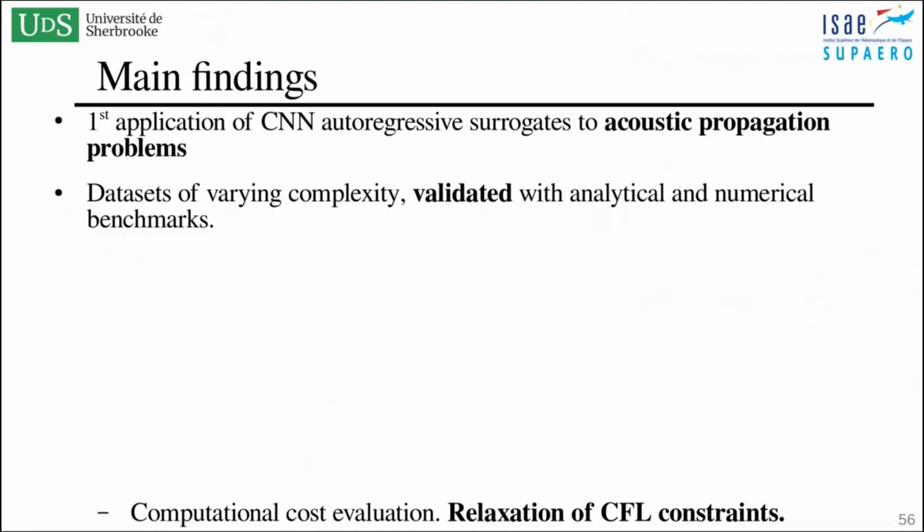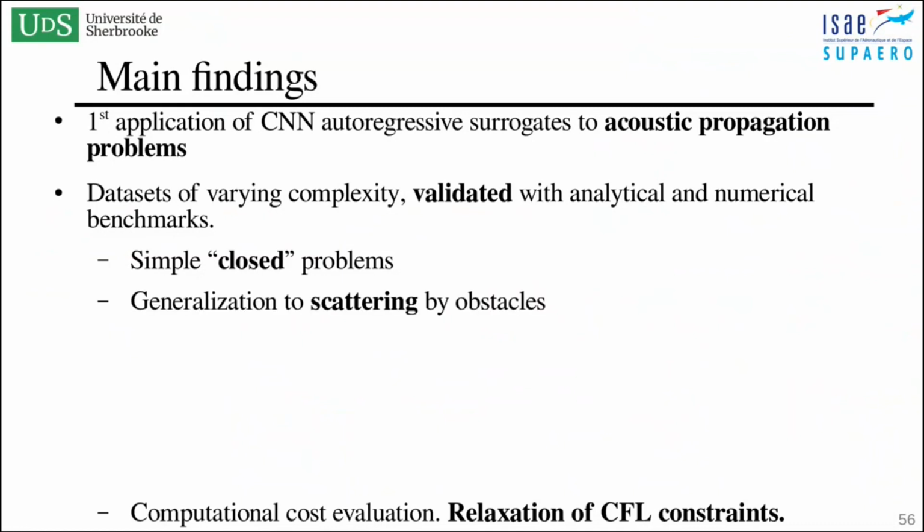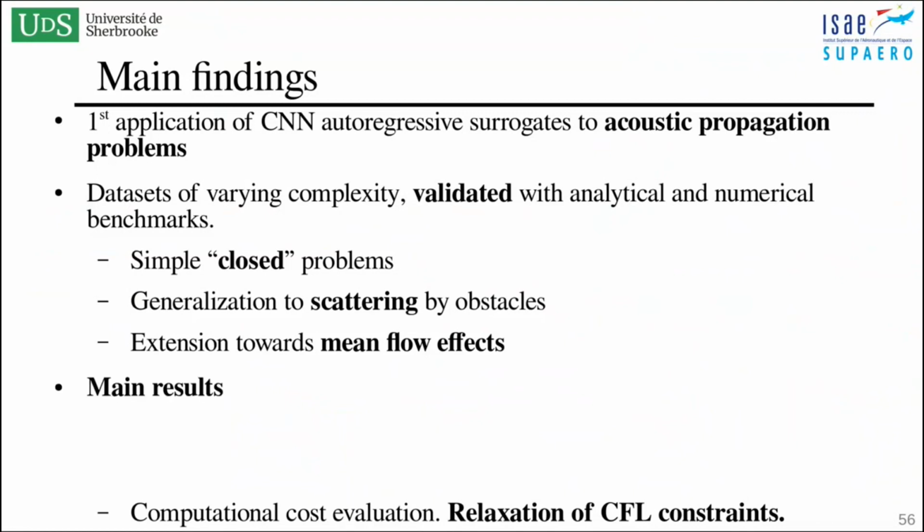We have built some databases of varying complexities, which have been validated with analytical and numerical simulations. In particular, the first one is the simple closed case configuration in a two-dimensional box, which we have also generalized to the scattering of obstacles in free field conditions. And we have started extending this method towards considering mean flow effects.